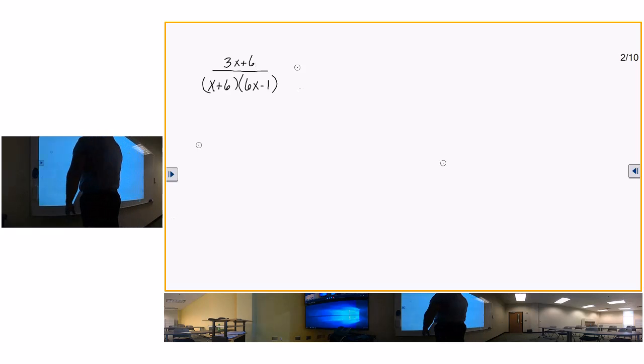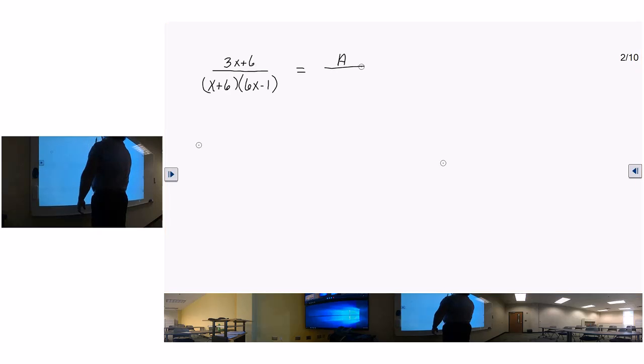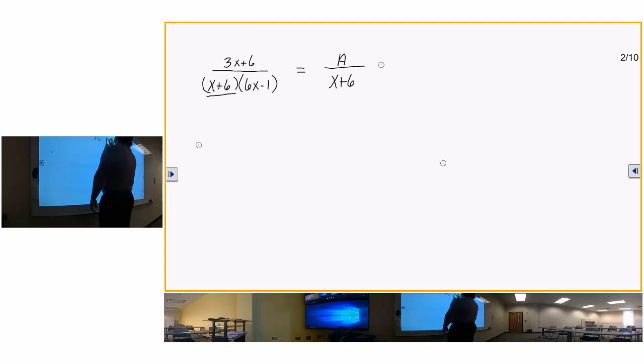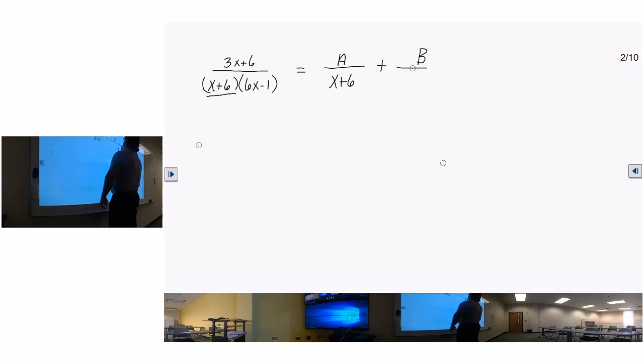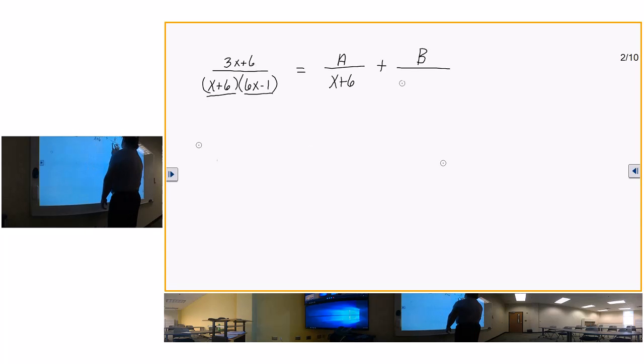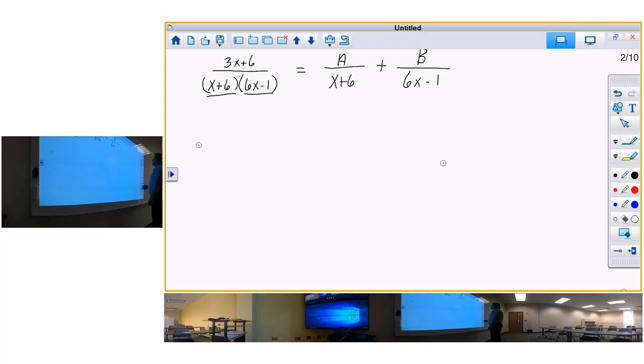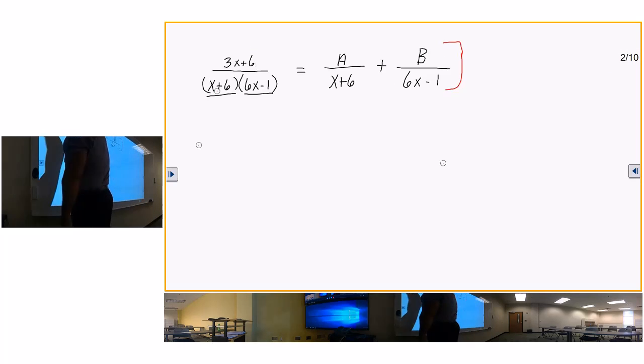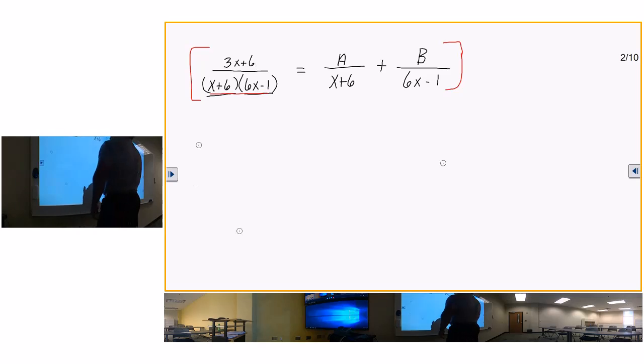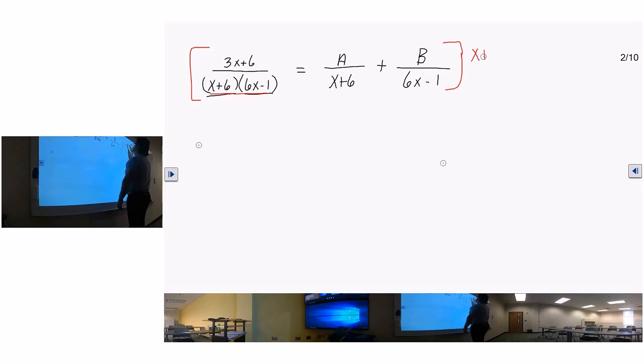So it equals a over x plus 6 plus b over 6x minus 1. Multiply through by the common denominator. Well, the common denominator is the whole denominator. So I'm going to multiply the whole thing by x plus 6 times 6x minus 1 over 1.